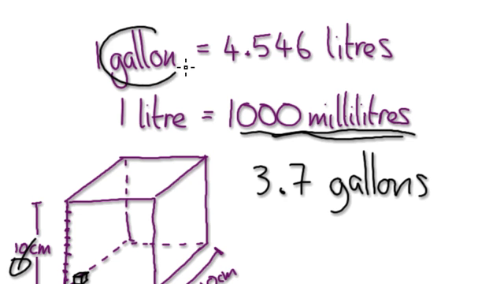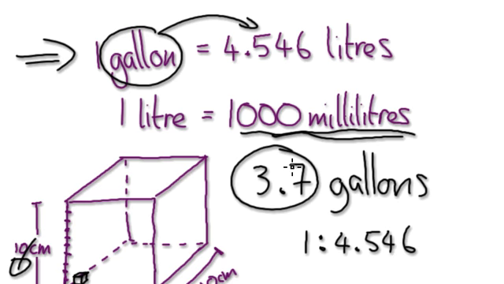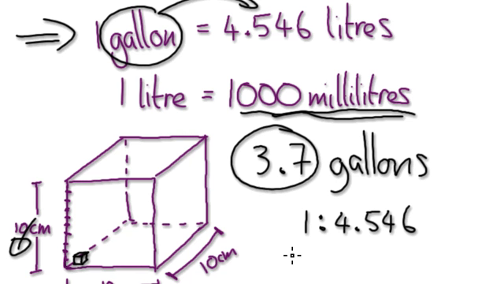So we would start at gallon and then somehow get to liters. Let's start by summarizing this. 1 gallon equals 4.546. Now we've been given this many gallons, so this will be on the left hand side: 3.7, and then we want to know x.